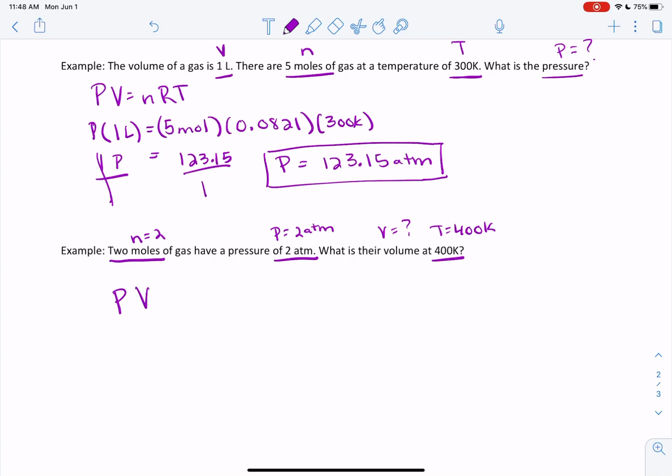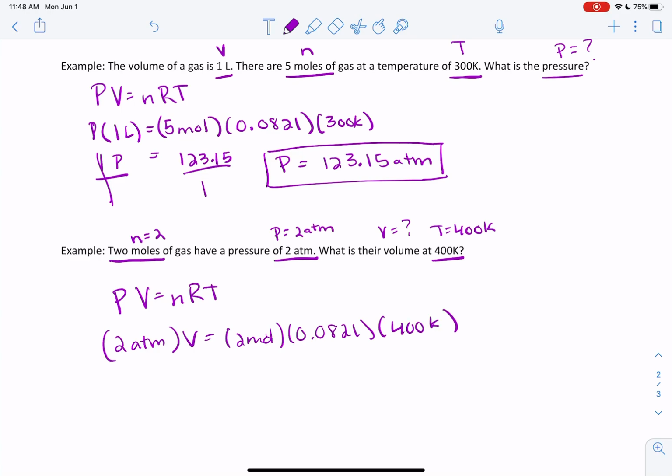So let's put in our equation. Our pressure is 2 atmospheres. We don't know the volume. n is 2 moles, times R is 0.0821. Always, remember that's our gas constant, and our temperature is 400 Kelvin.